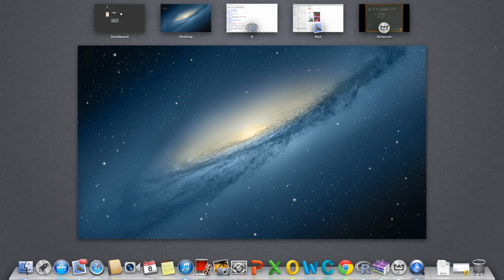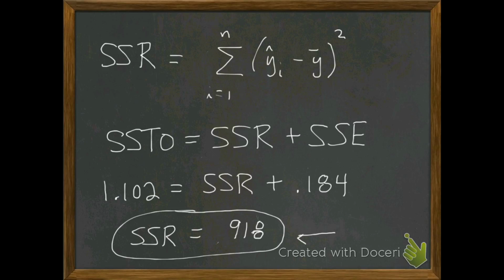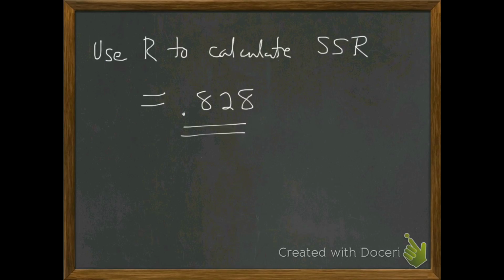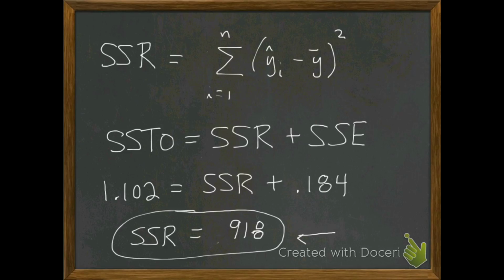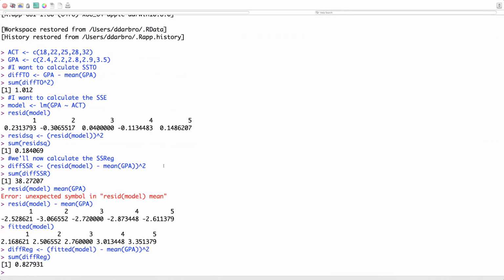All right, so I'm writing this down on the other. So, guys, what we got there is we see that it calculates out to be 0.828, which from the previous is not what we got. Well, the difference must be, I don't know, because we're off actually quite a bit, aren't we?